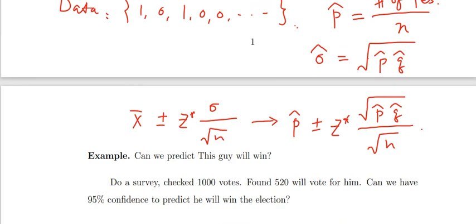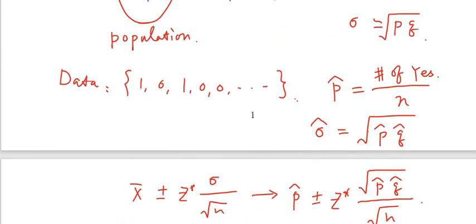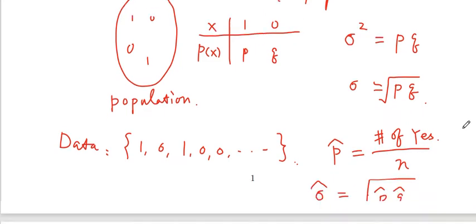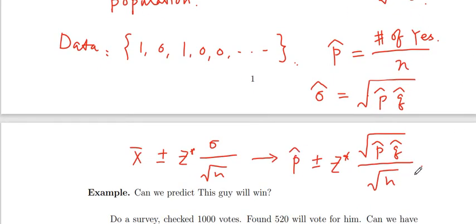That's the typical name for those percentages, like for the 1-0 population's percentage. So we can regard this formula as the confidence interval for a population's proportion.